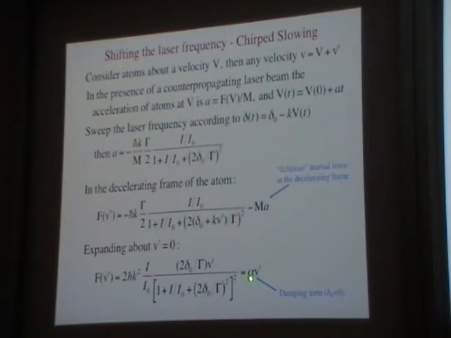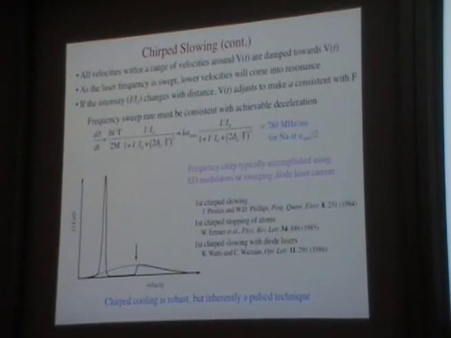If you choose a detuning such that this coefficient alpha here is negative, then what this means is that if I'm decelerating atoms using this chirp slowing, not only am I interacting with a particular group of atoms and shoving them down to lower and lower velocities, I'm taking any atoms in the vicinity of this velocity in the chirp frame, and I'm actually piling atoms up around that velocity.